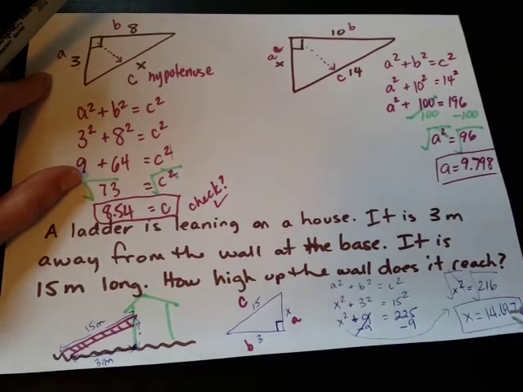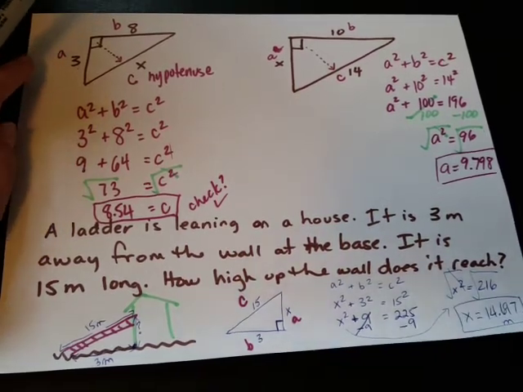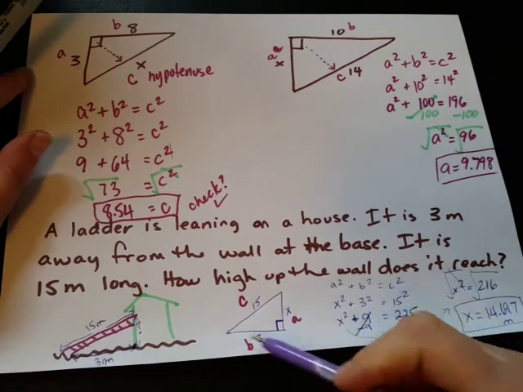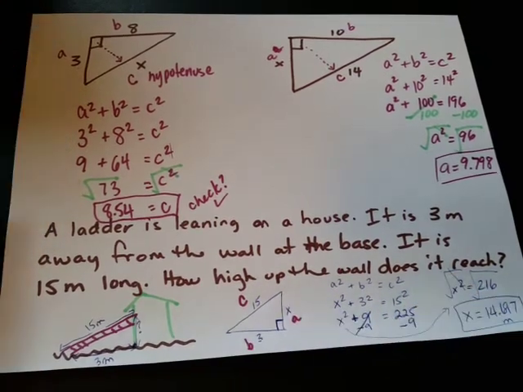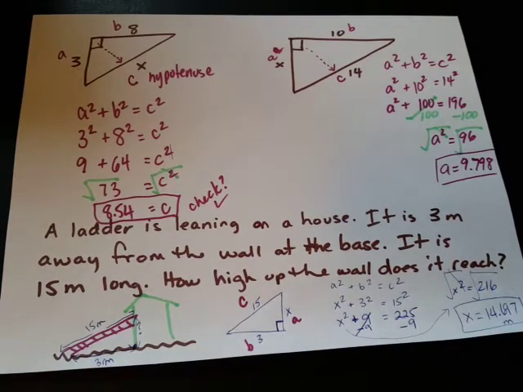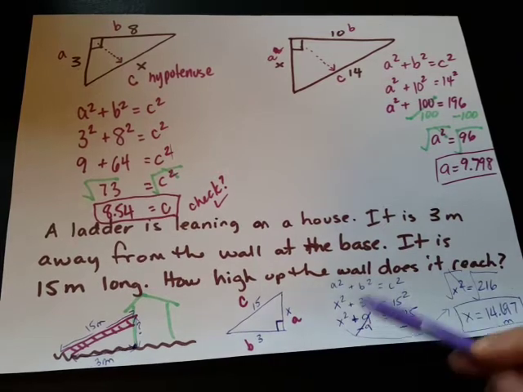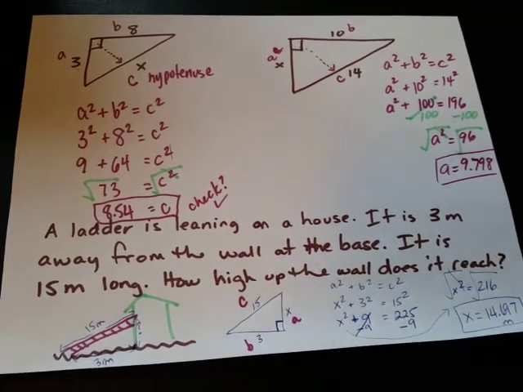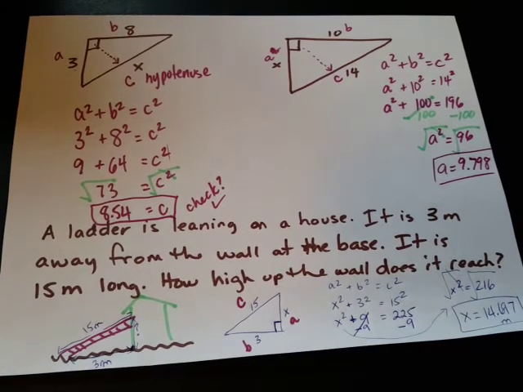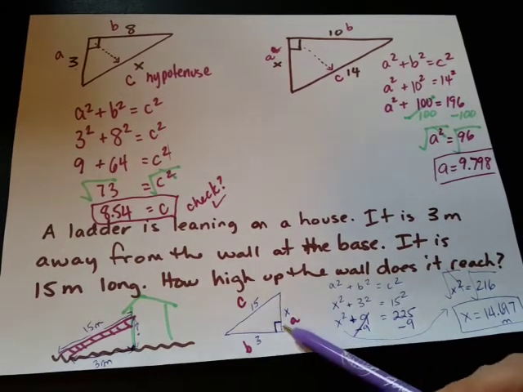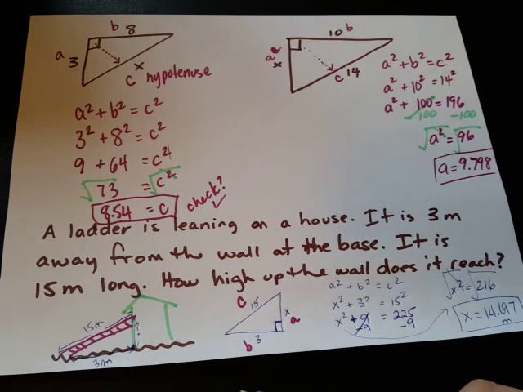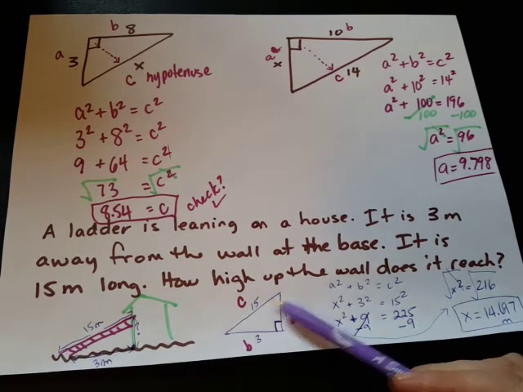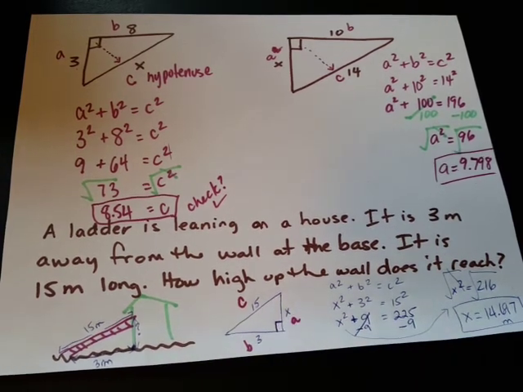And we come up with 14.697 meters, which is less. It's not much less, but it is less than the hypotenuse. So we know now how high up the wall that it reaches. If we calculated a number like 20, we know that we would have made some kind of mistake because the number can't be any bigger than 15. The hypotenuse has to be the biggest number.